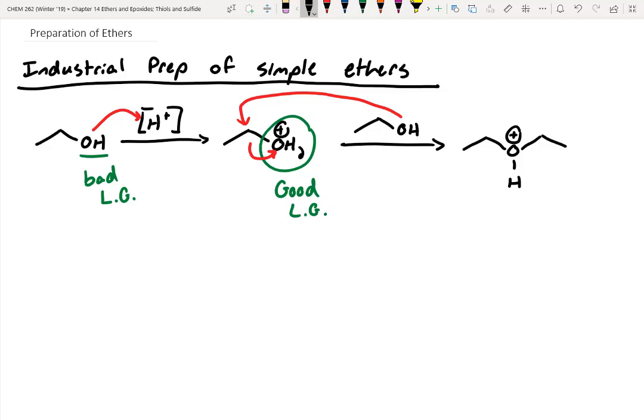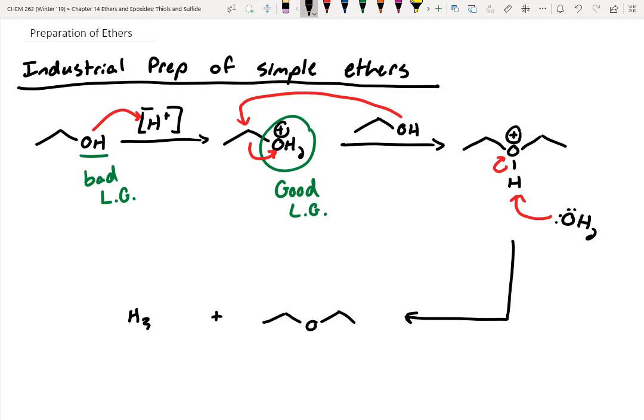And we end up with a protonated ether. However, we kicked off water as our leaving group. So this water can reach back, steal a proton. We can make something like diethyl ether, and we create our water byproduct. In this case, it's going to be the hydronium ion.